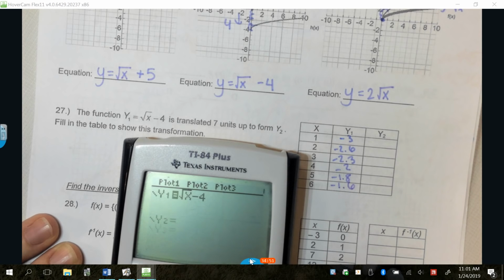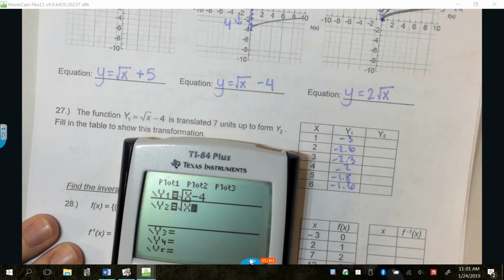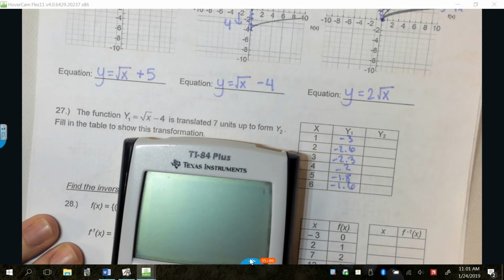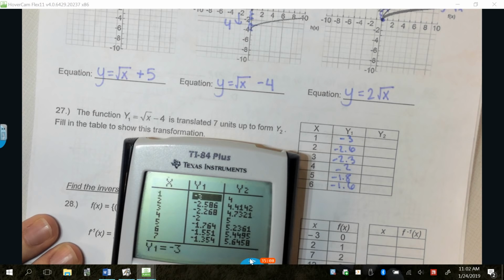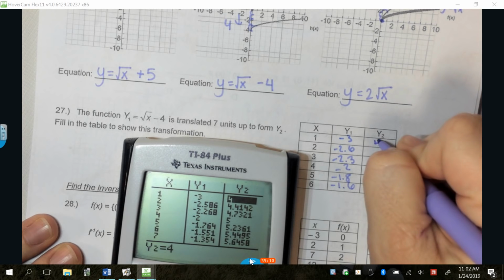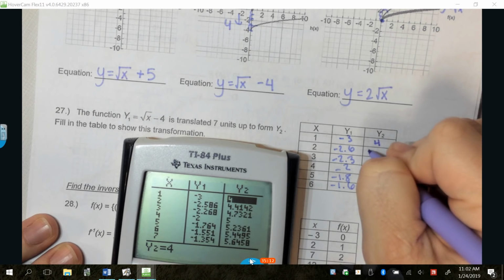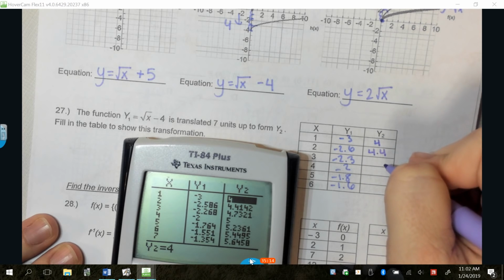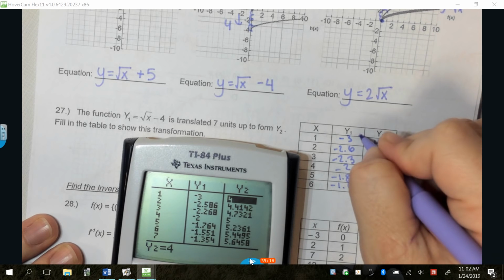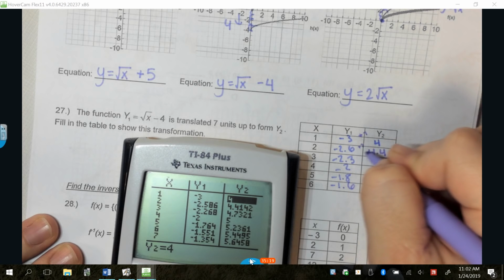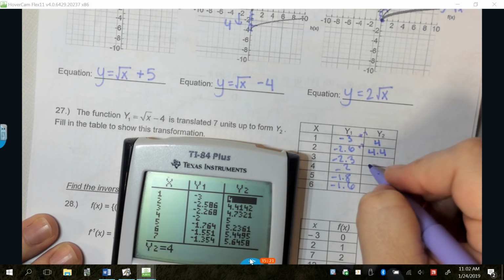Okay, if I went 7 units above that, that's adding 7 on the outside. Well, negative 4 plus 7 is 3, so adding 3. So square root of x plus 3, second graph. Well, negative 3 plus 7 is 4, so that's right. Okay, all of these, if I added 4 or added 7, would give me this answer. This plus 7 gives me that, plus 7 gives me that. Okay, and so on and so forth.